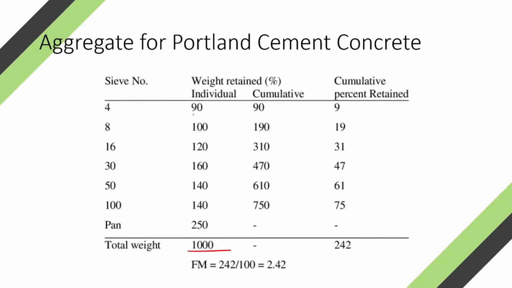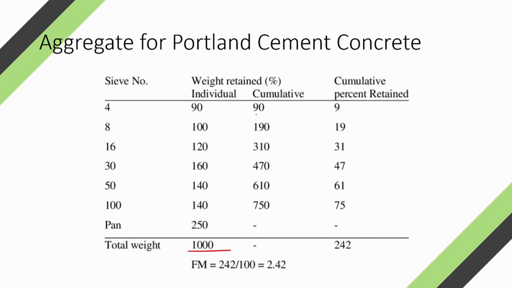And then, ang weight retained sa ating number 4 sieve is 90 grams. For number 8, we have 100 grams, 120 for number 16 sieve. For number 30 sieve, meron tayong 160 grams and so on.